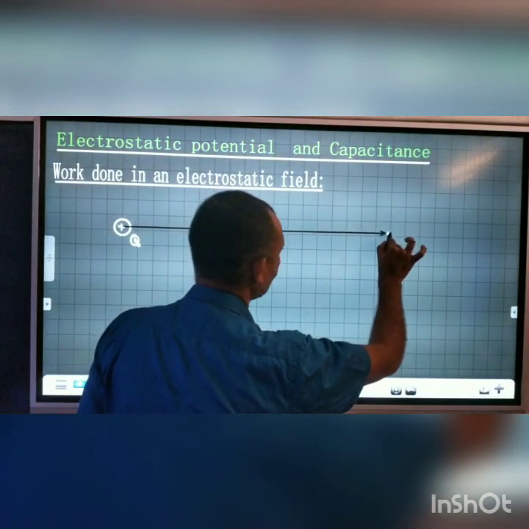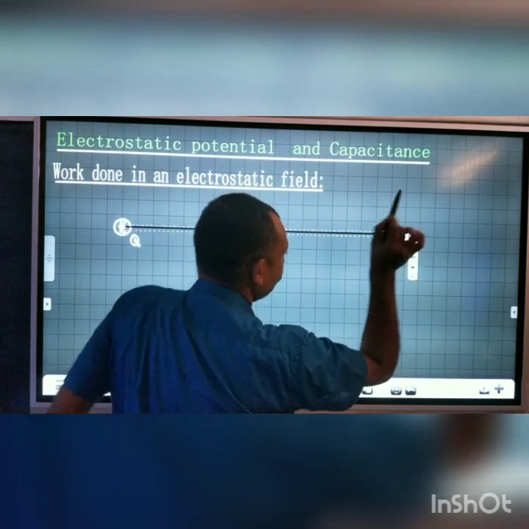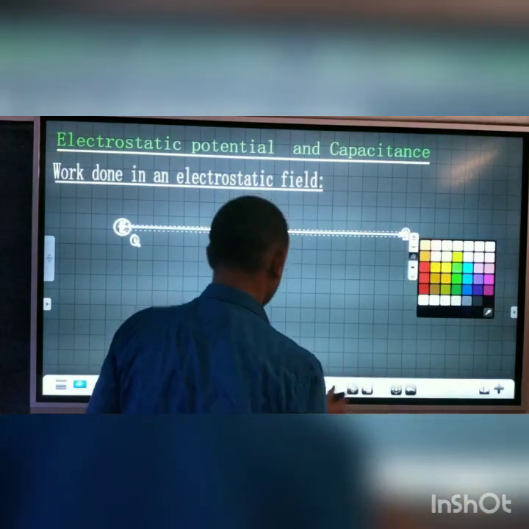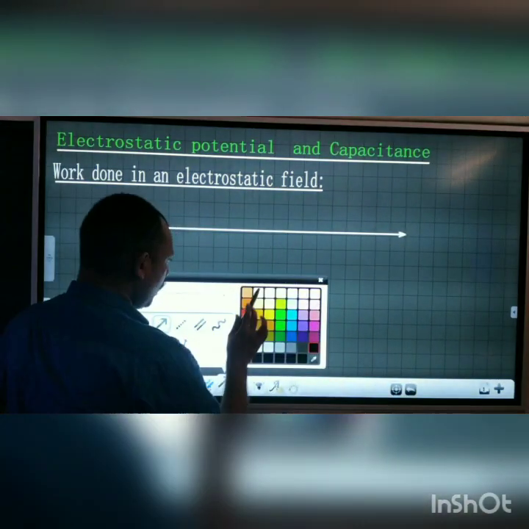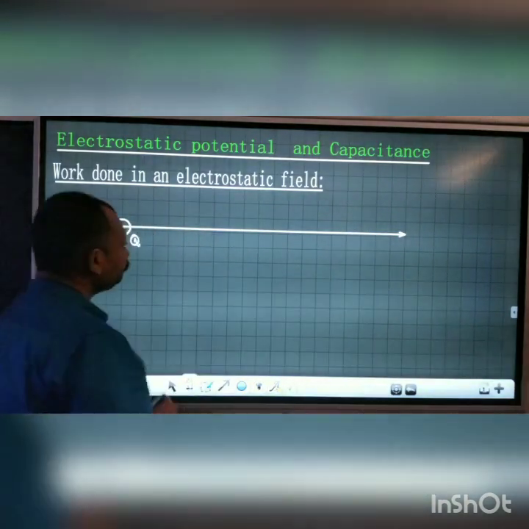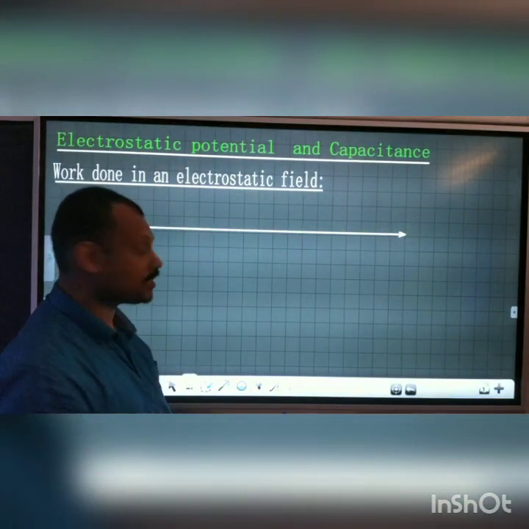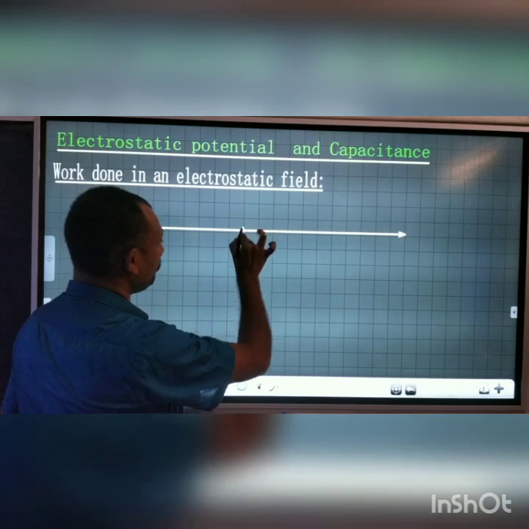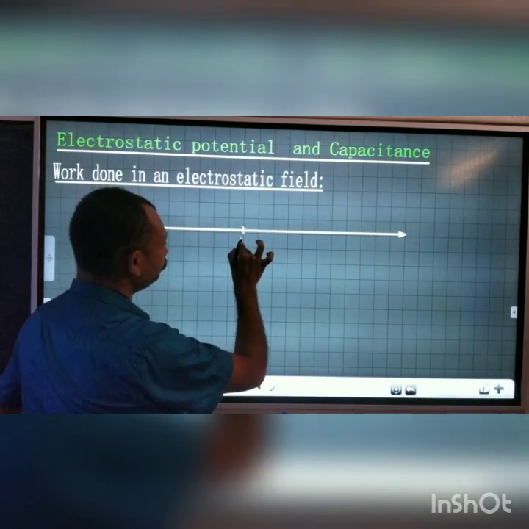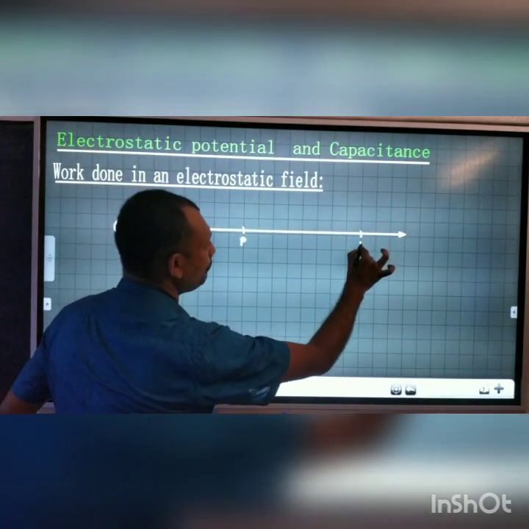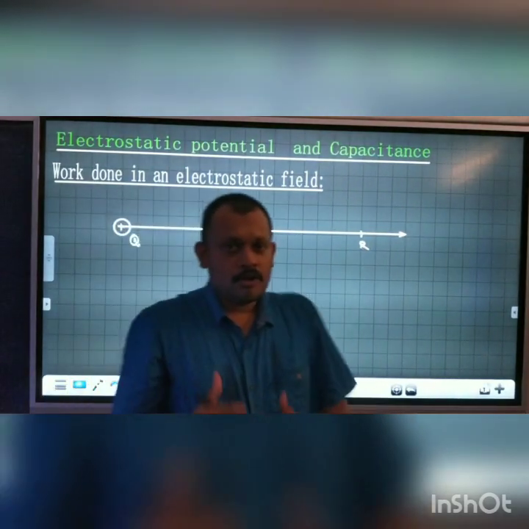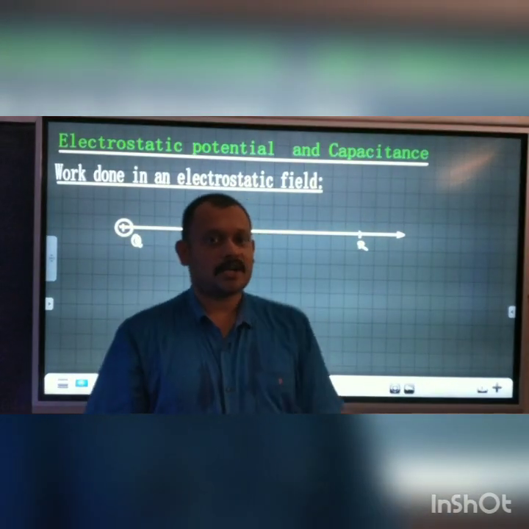As we all know, it is radially outwards. Our requirement is to move a small charge from a point R to P. We want to move a small charge.